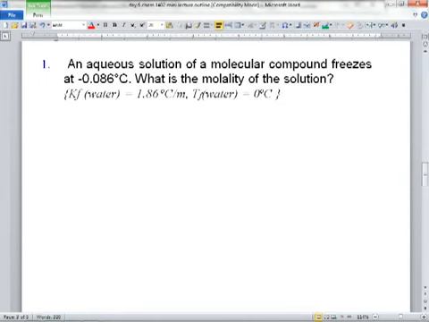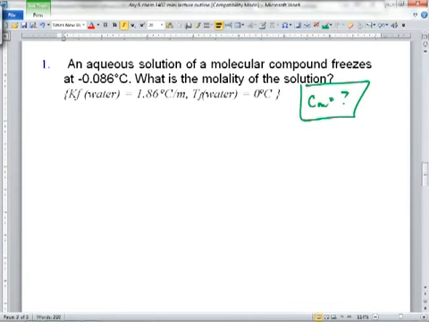Daisy, what are they after? The molality. Now, what's the little symbol for molality? Little m, but in all of our equations, we don't have little m. We have, technically, little cm. That's what we're after. So we're really after little cm equals what? That's our big goal here.